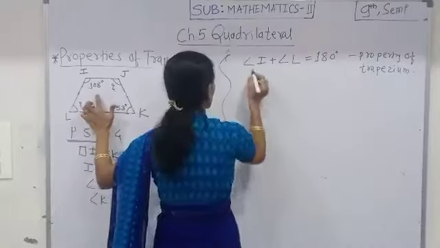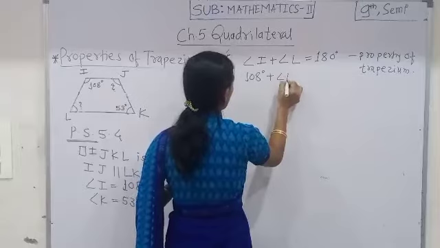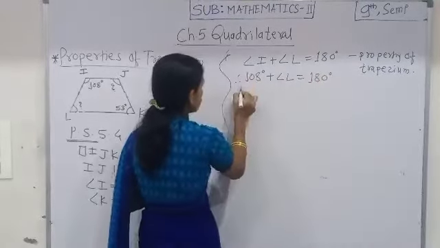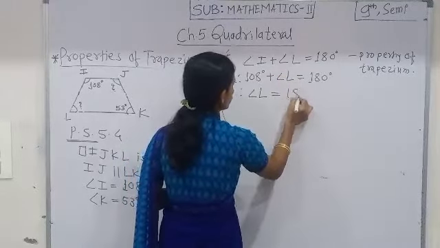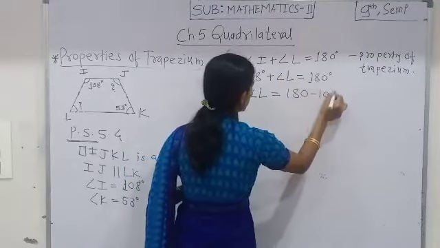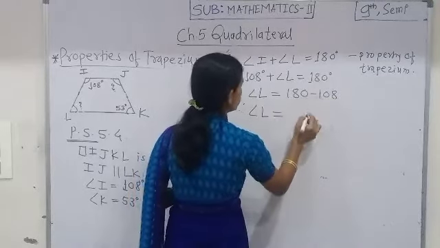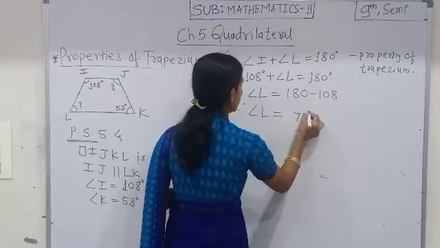Then angle I, that is 108 degrees, plus angle L is equal to 180 degrees. Therefore angle L is equal to 180 minus 108, that is 72 degrees.